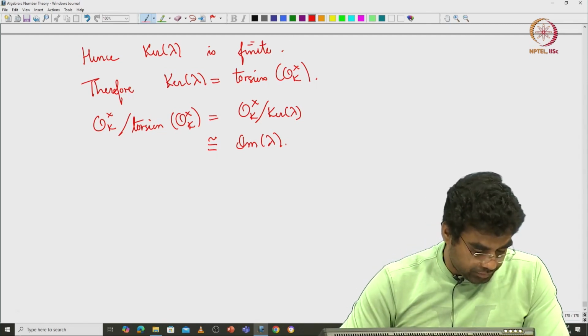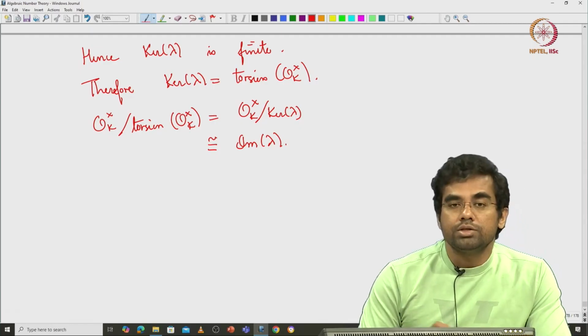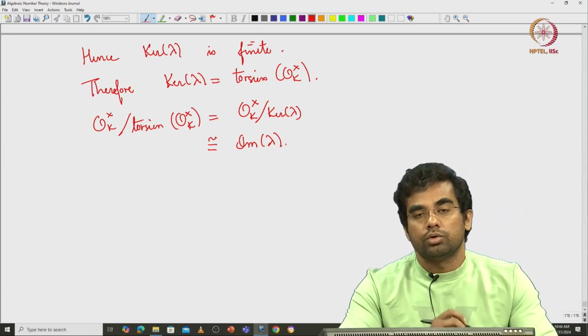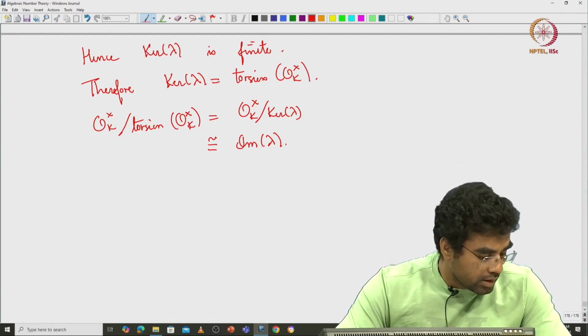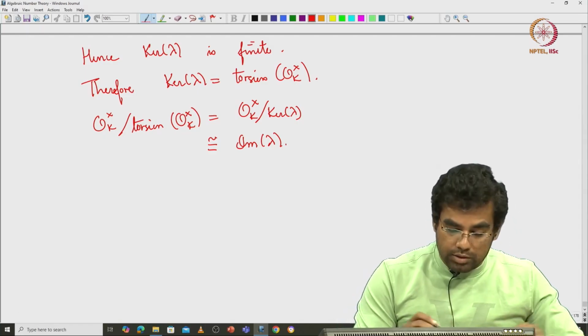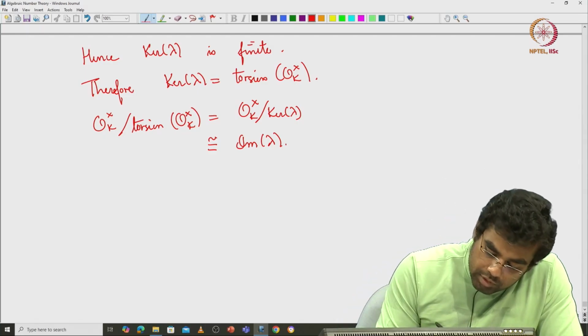All right. So, there are two things we need to prove to show that something is a lattice. We will prove two things about the image of lambda.